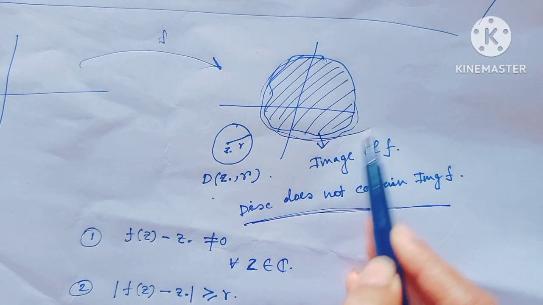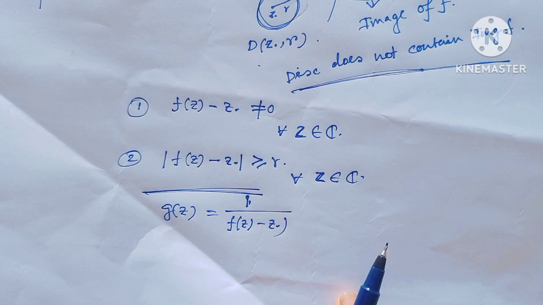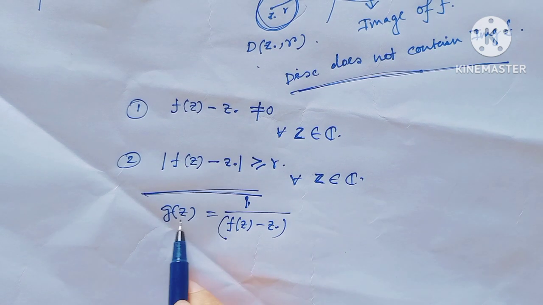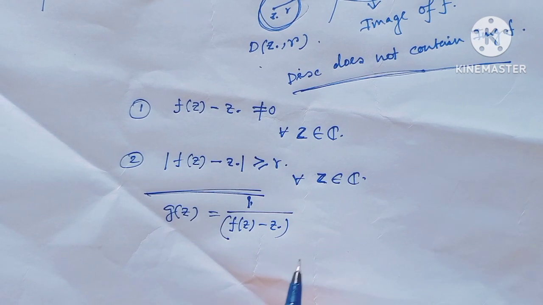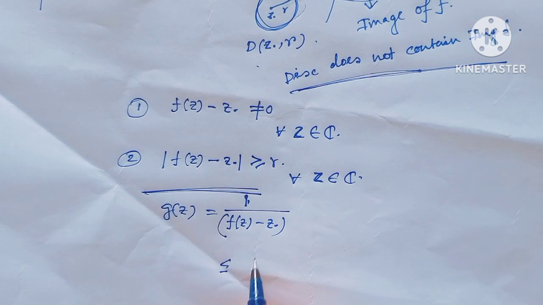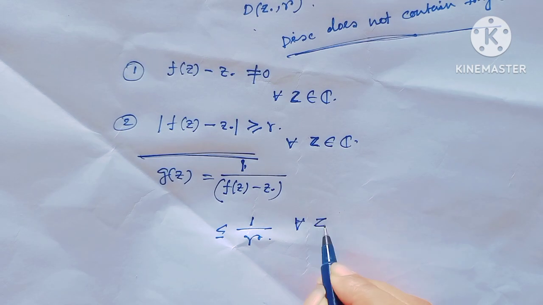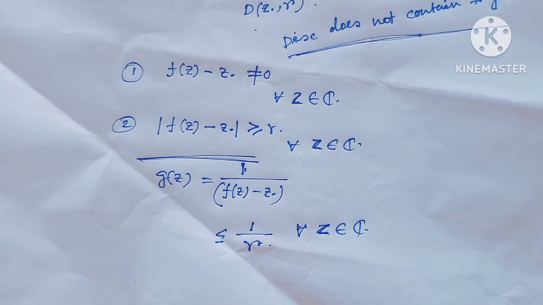So the distance between f(z) and this disk would always be greater than or equal to r. So I have considered g(z) equal to this. Therefore the absolute value of g(z) is less than or equal to 1 over r, and this is true for all z belonging to the complex numbers.